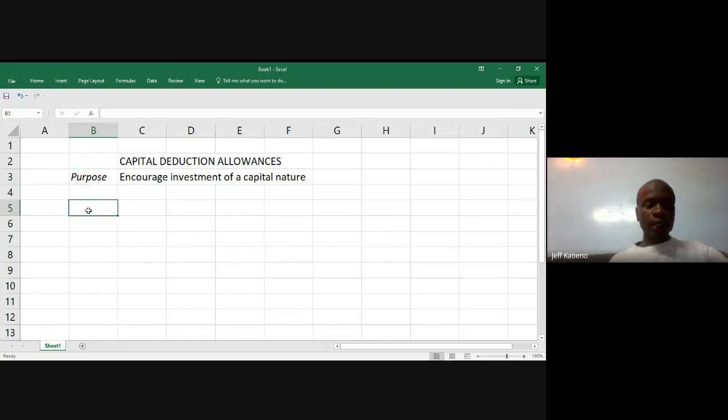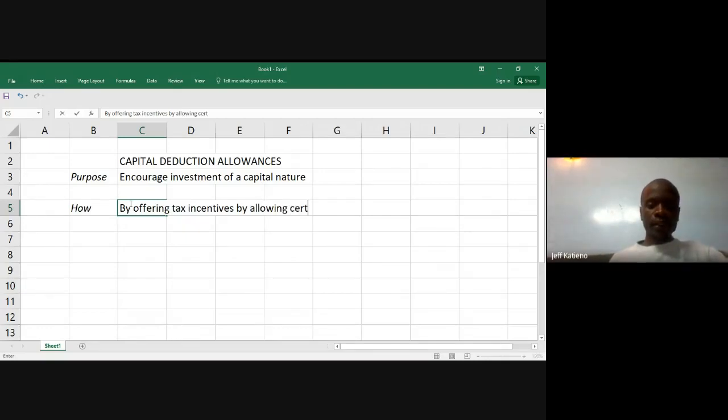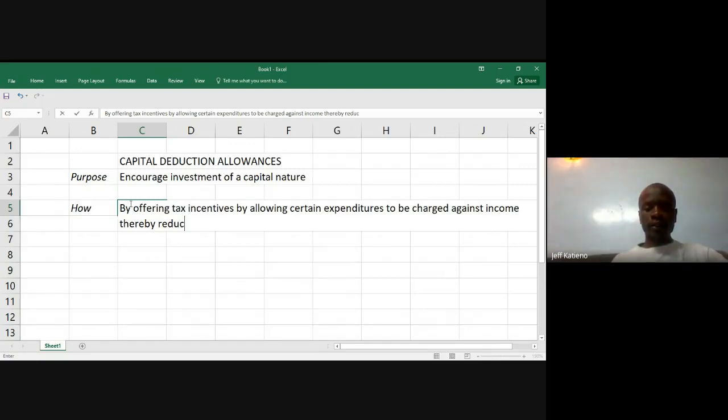Now, this is the purpose of capital deduction allowances. So how does it encourage investments? It encourages investments by offering tax incentives, by allowing certain expenditures to be charged against income, thereby reducing the tax liability of businesses.